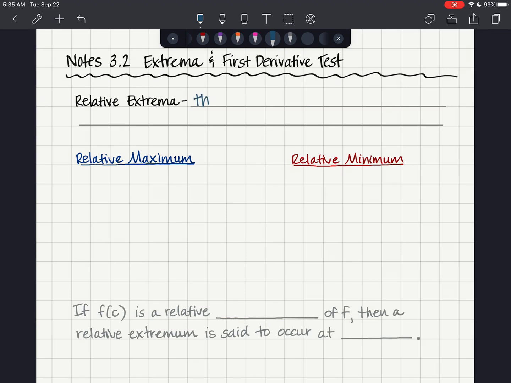So it's the points at which the graph turns. I'm going to say at which a function changes, but you can picture it as where the graph turns from increasing to decreasing, and vice versa. So you could be going from decreasing to increasing.